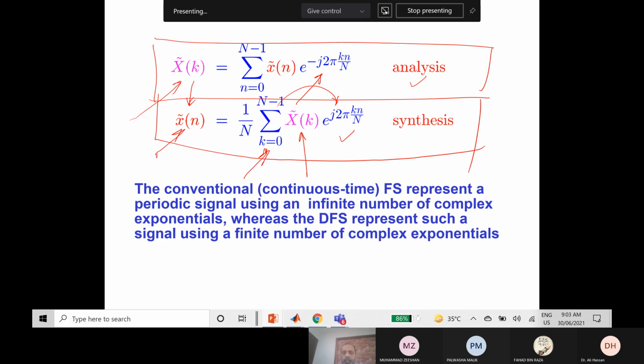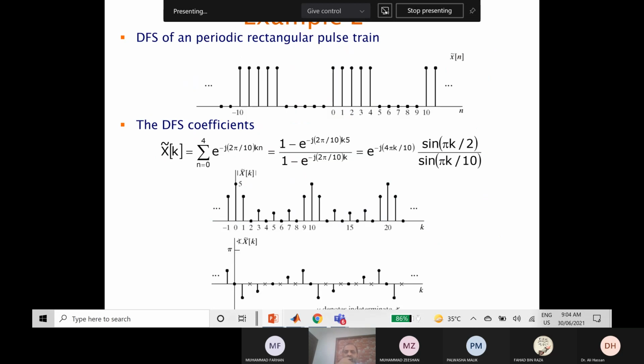So this is called discrete Fourier series. The good thing about it is that you are not dealing with an infinite number of exponentials, only a finite number. Using this formula, you can compute the coefficients.